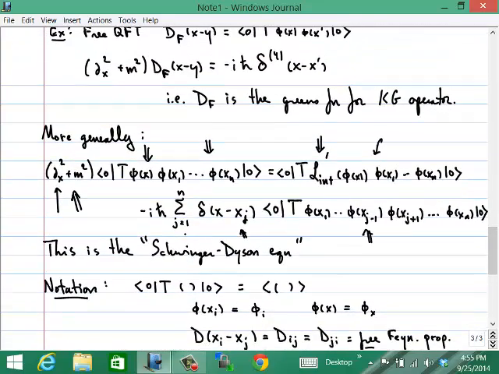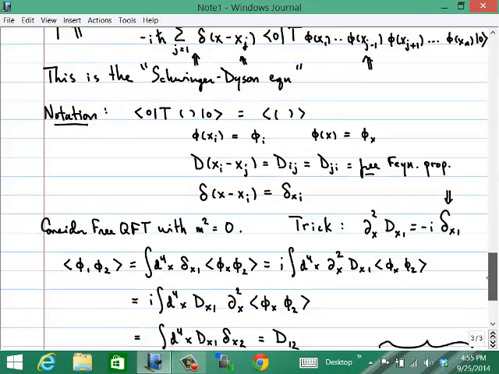So if you had 4 points here, say phi at x with phi of x2, x3, x4, you have a sum of 3 terms, one where x is equal to x2, another where x is equal to x3, and another where x is equal to x4. And then the delta function with x equals x2 is multiplied by the expectation value of phi of x3 and x4, and so on and so forth.